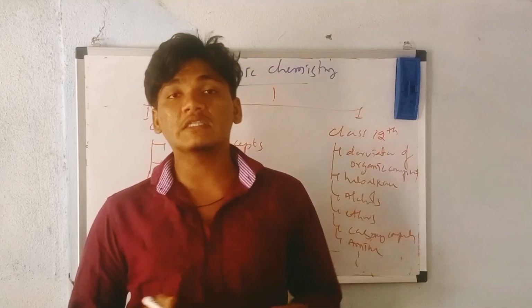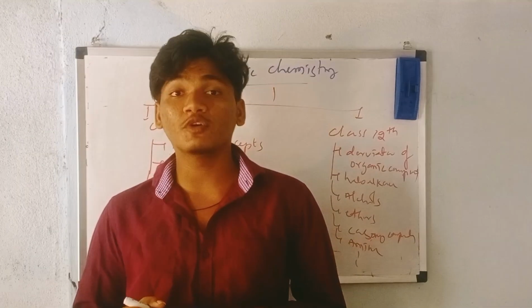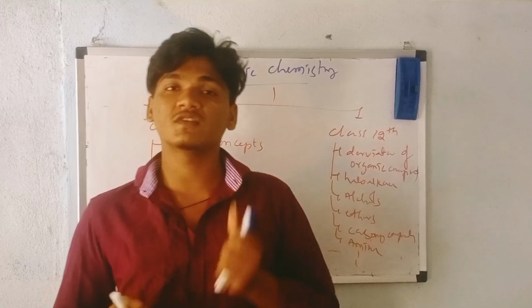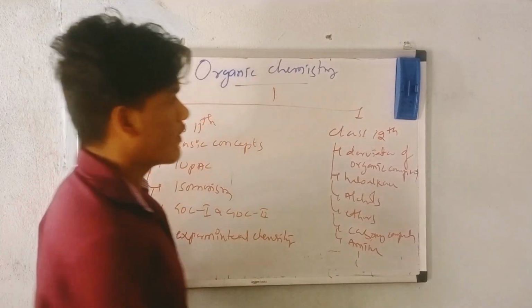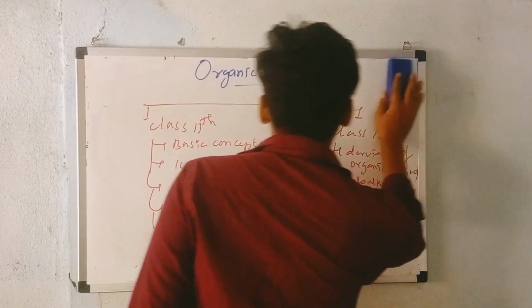These are what we discuss in second year organic chemistry. I hope you understood what is in first year and second year organic chemistry. Today we focus on the basic concepts of organic chemistry. In the next video we will discuss IUPAC naming.